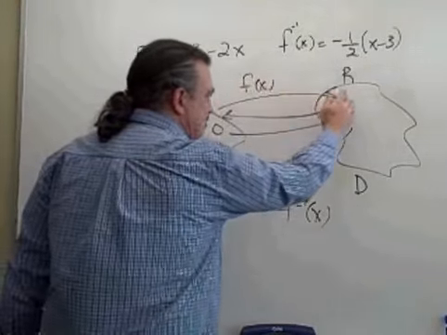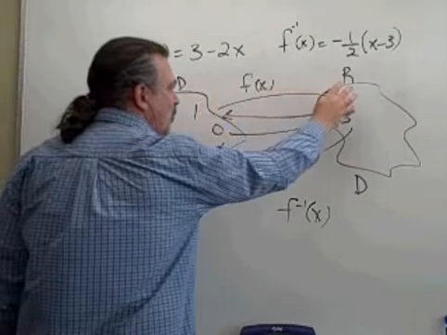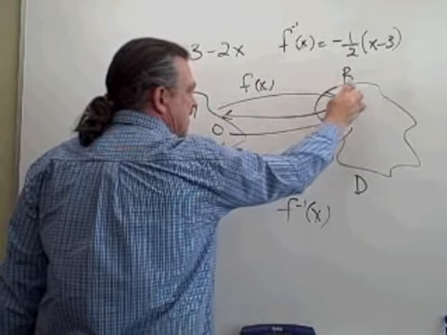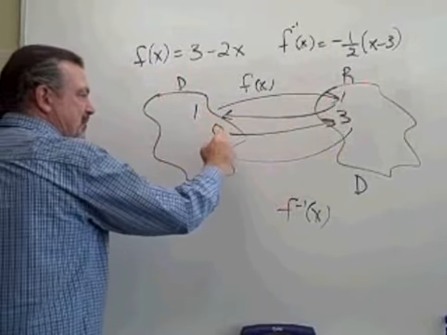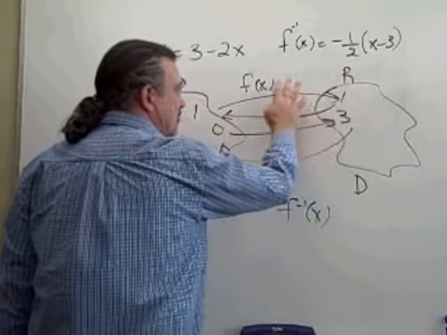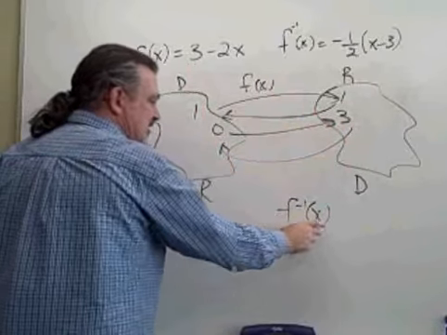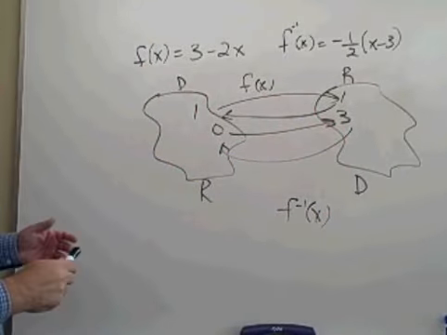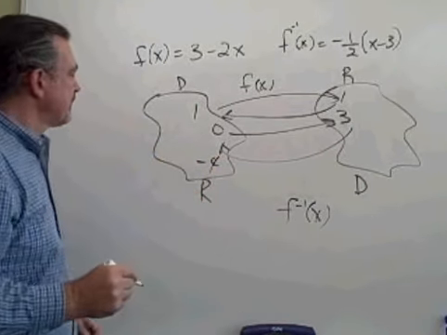And the one function undoes the other. Mapping from 1 to 1 under the function, you map from 1 back to 1 under the inverse. Mapping from 0 to 3 under the function f, you map from 3 back to 0 under the inverse function of f. Let's let x be -4.